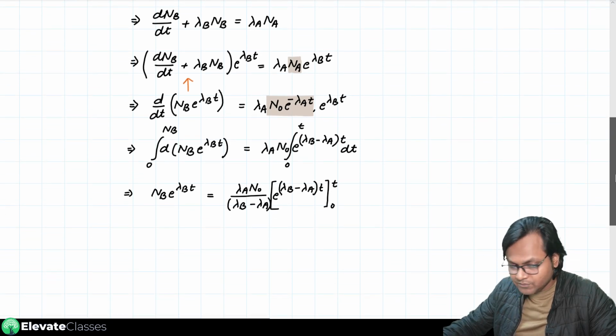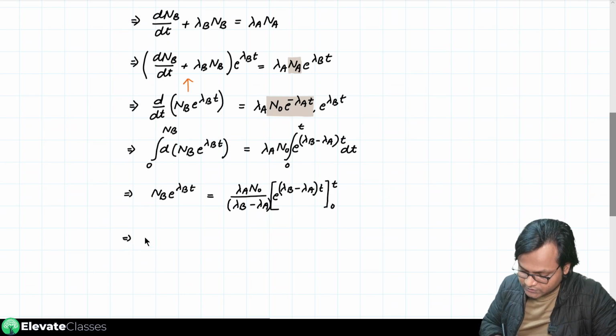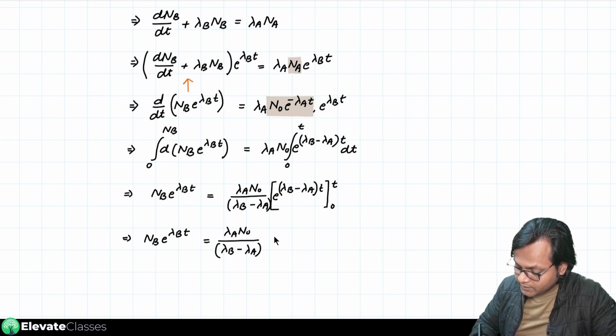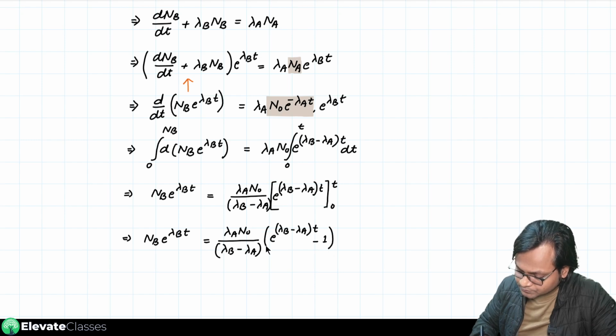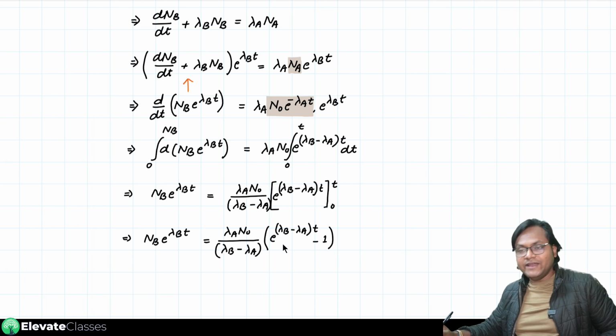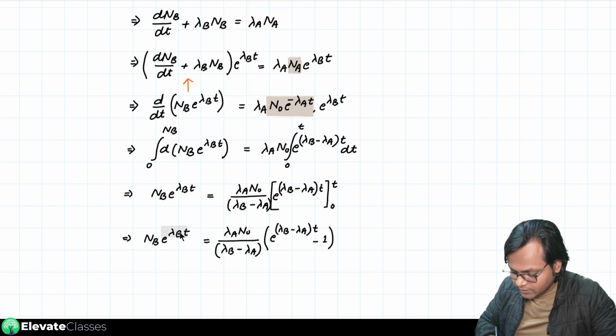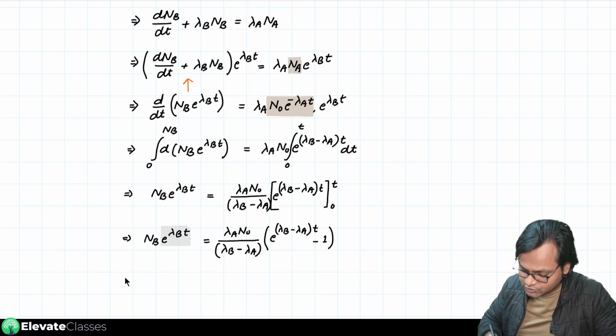And this will give us a very simple expression, which is NB e to the power lambda B t is equal to lambda A N naught upon (lambda B minus lambda A), times (e to the power (lambda B minus lambda A) t minus 1). All right, so we have almost obtained the final expression. I just need to take the exponential term to the right so that finally I am only left with NB on the left hand side.